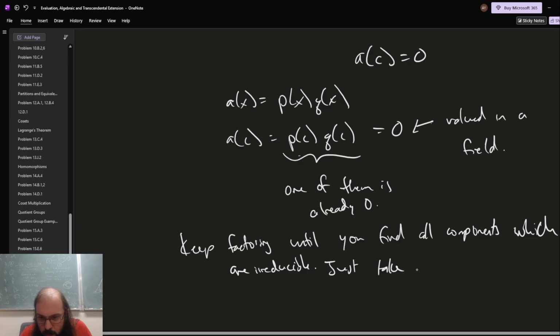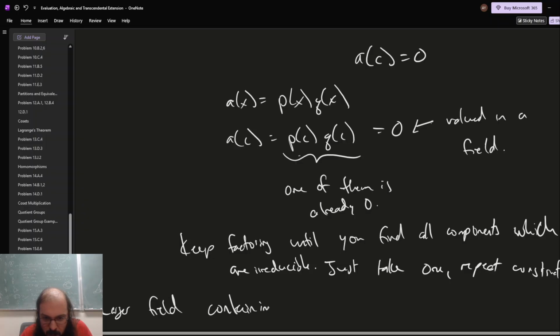Just take one and repeat this construction. That will give you a larger field containing a root.